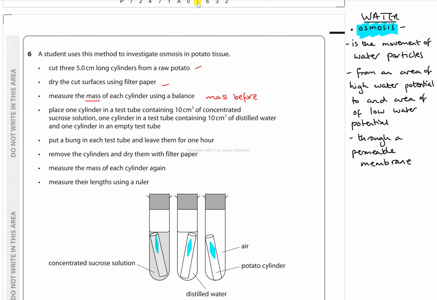So this has got sugar solution, this has got distilled water, and this is in normal air. Put a bung on so there's no evaporation or anything. Measure the mass of each cylinder again, measure their lengths using a ruler. Okay, we want to see whether they've increased in mass and length. So this is what we're trying to test, diffusion.